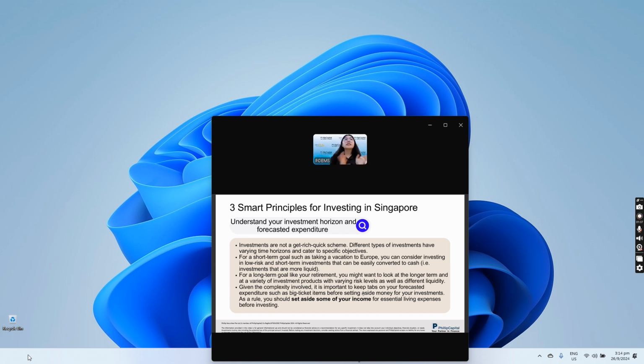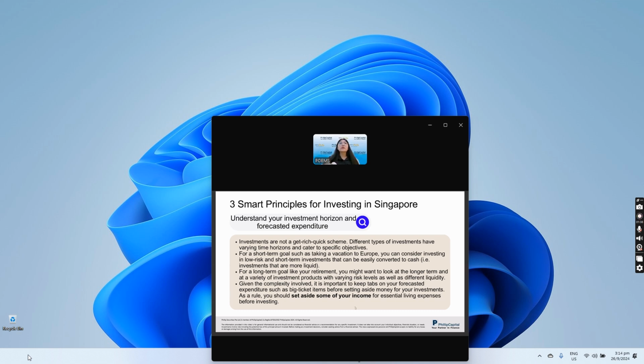You need to set aside that money before you do the investment, because I don't want us to suffer liquidity risk. If you want those funds, maybe for future education, to grow something for you, you can also explore some low-risk instruments.